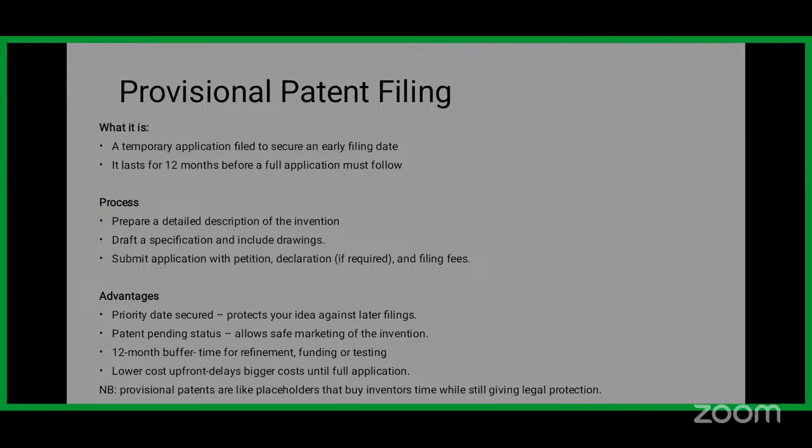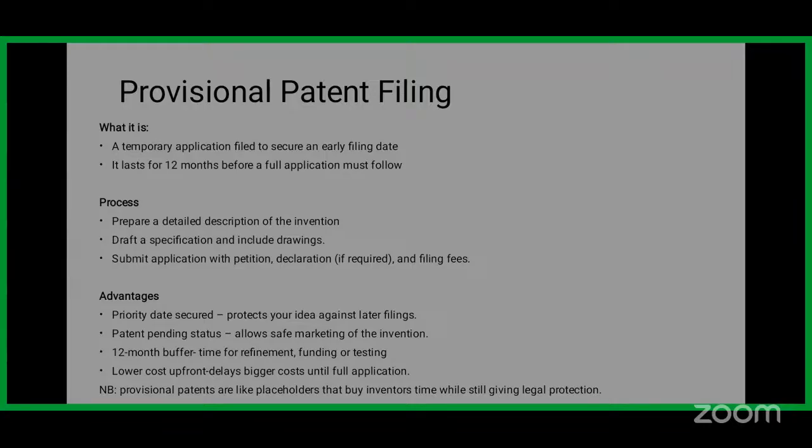For the provisional patent application, the concept has to do with an avenue where an inventor is allowed to file an application to protect his patent. However, he is given a period of usually 12 months to file the non-provisional patent application.